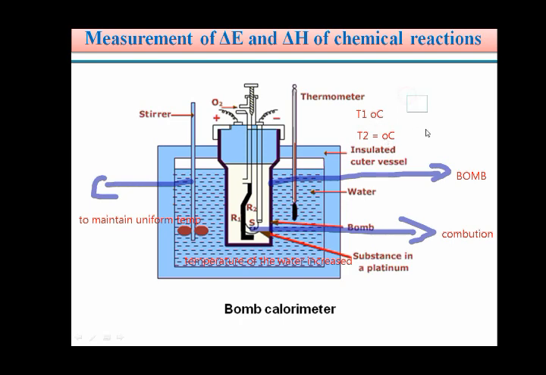With the help of these we can calculate the change in temperature: delta T equals T2 minus T1. With the bomb calorimeter we measure the change in temperature, delta T, equal to T2 minus T1.